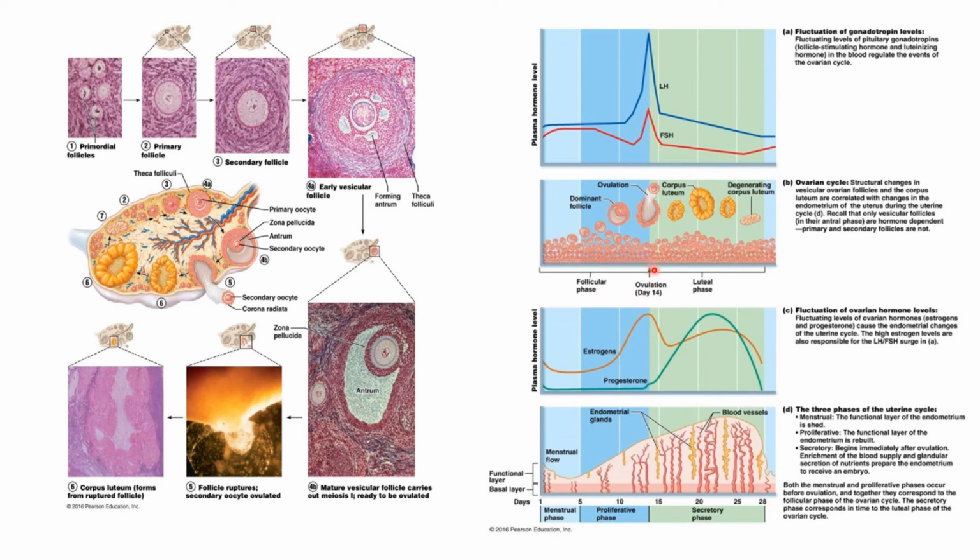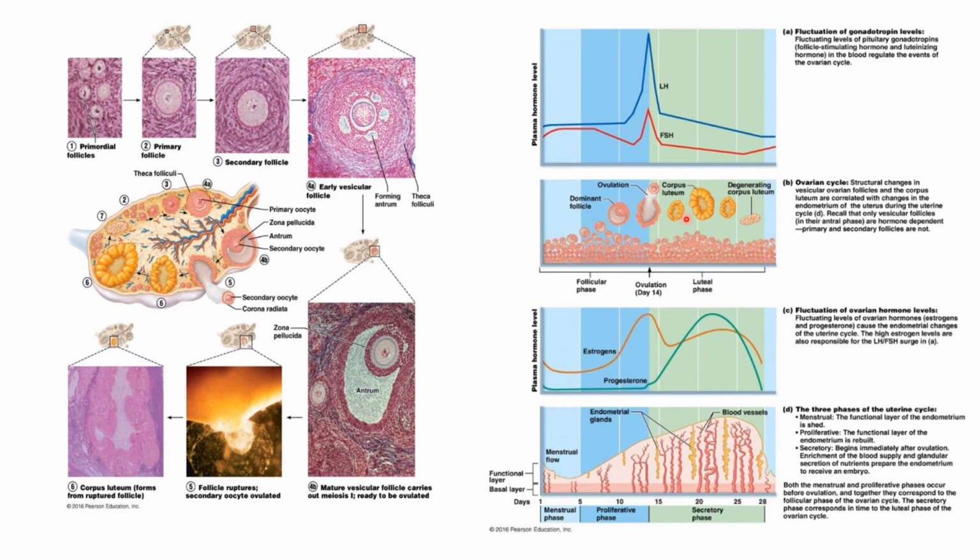After ovulation comes the luteal phase. During the luteal phase, the granulosa cells surrounding the oocyte, those granulosa cells that have been ruptured along with the secondary oocyte, start forming the corpus luteum.